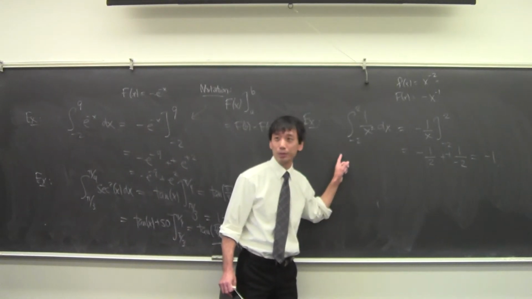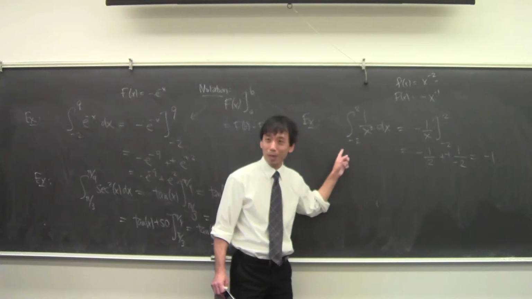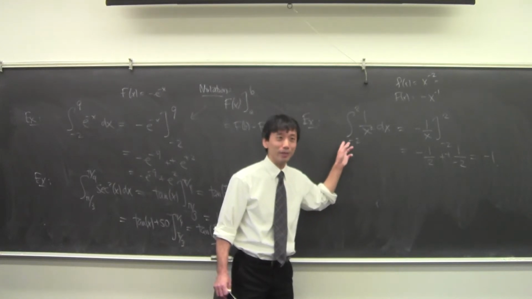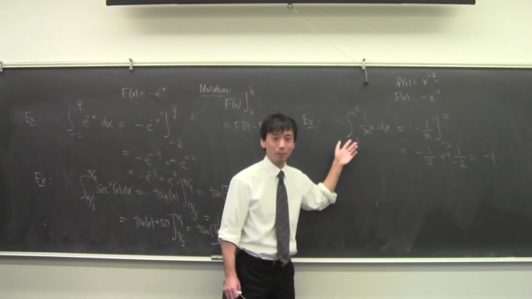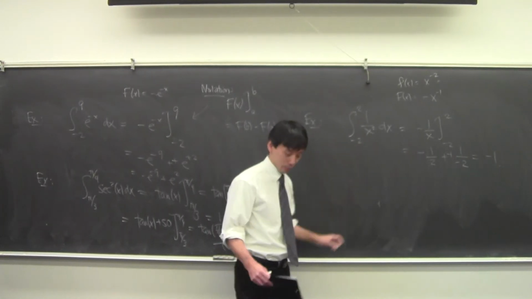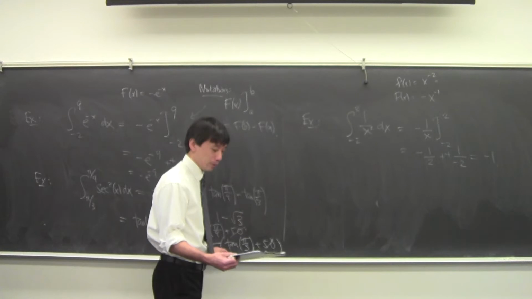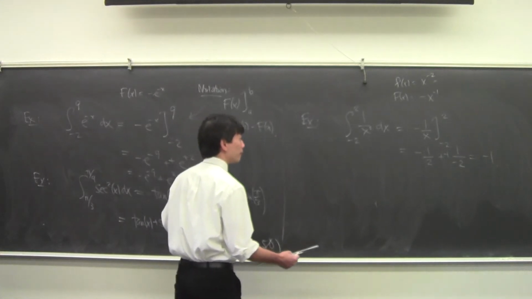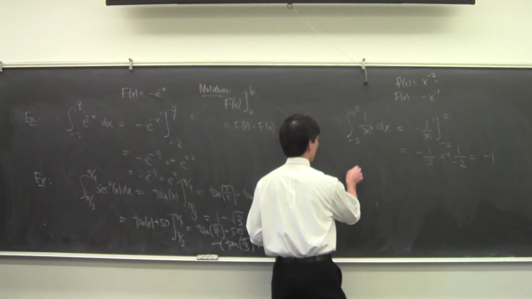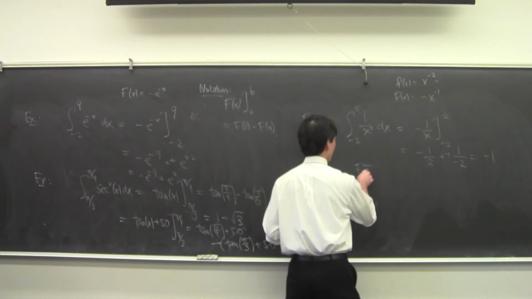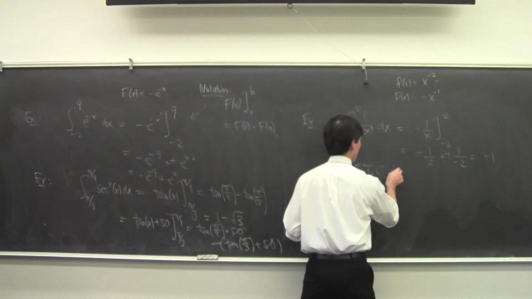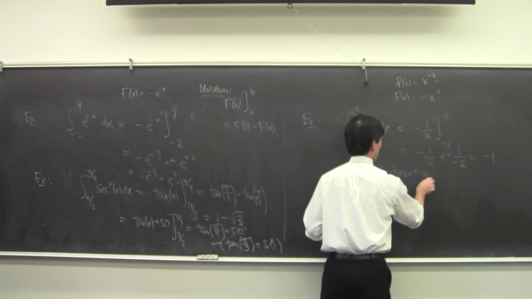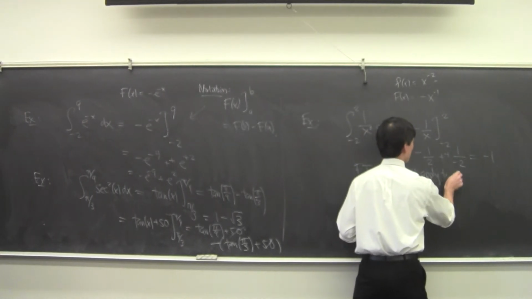Continuity was crucial. Now, why was continuity crucial? You don't know yet, because we haven't talked about the fundamental theorem of calculus, why it's true. But we'll tell you in a minute. So watch out: the fundamental theorem of calculus doesn't apply to discontinuous functions.